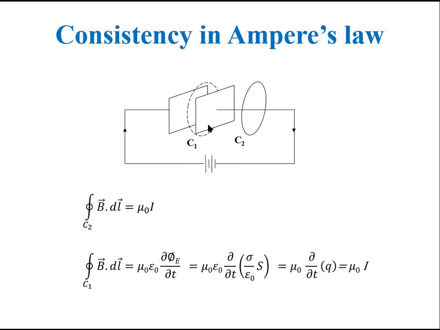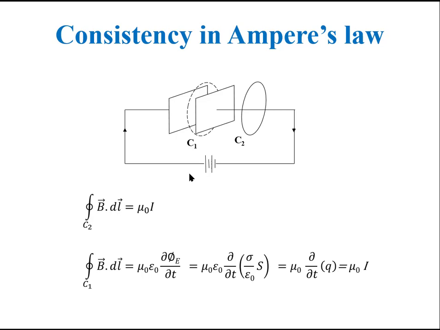Now we use the modified Ampere's law in loop C1. For loop C1, I is 0, but the displacement current is not 0, and the displacement current density is epsilon naught times del E over del t.